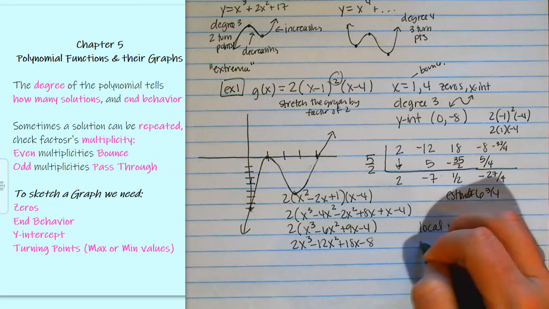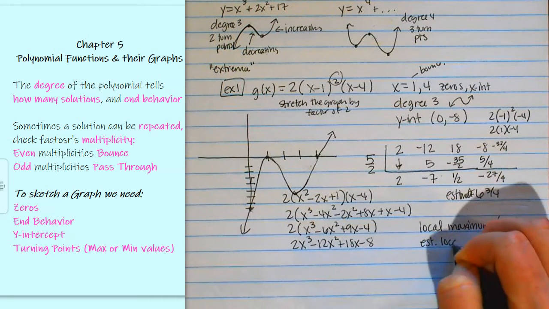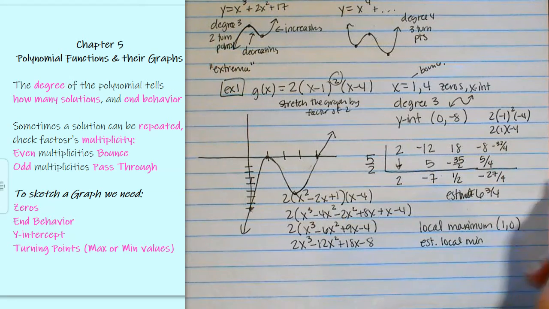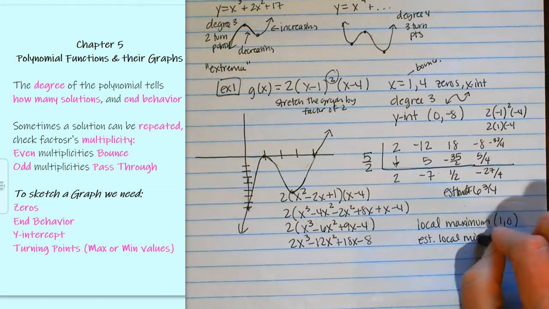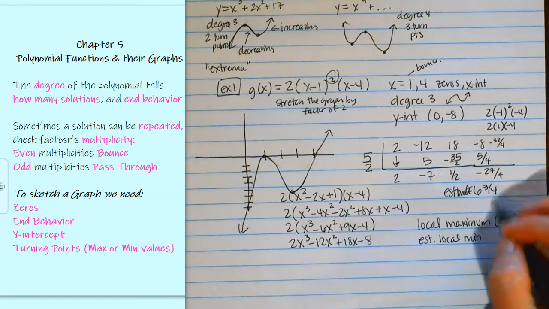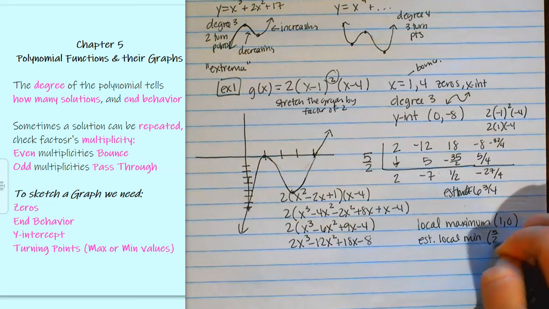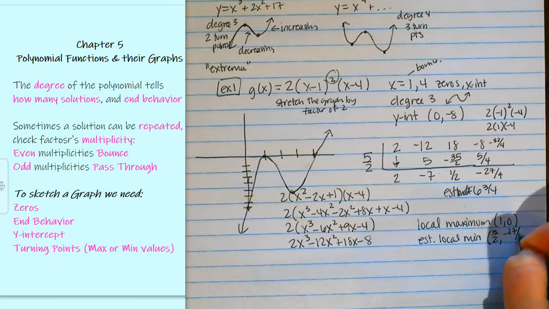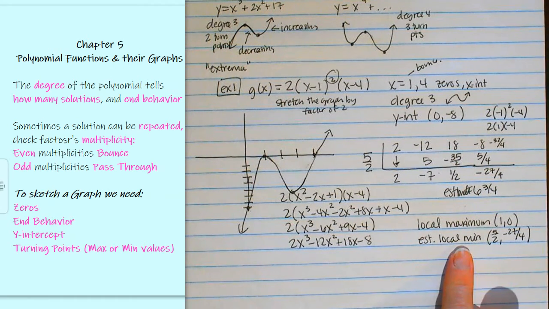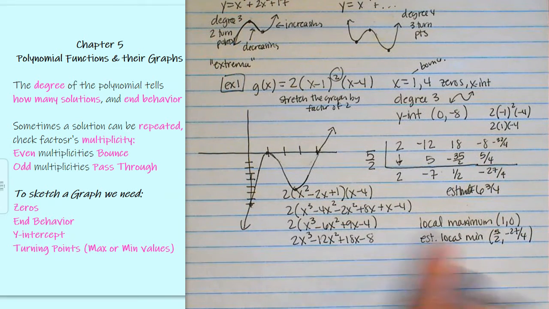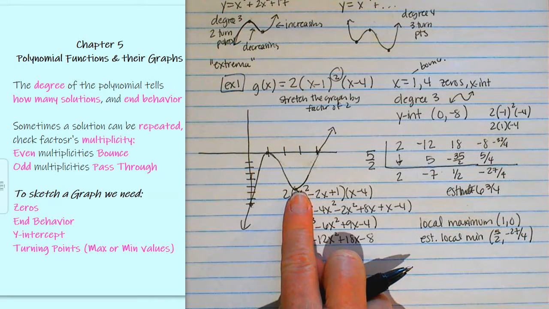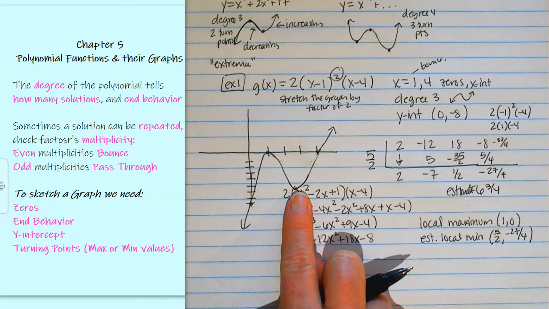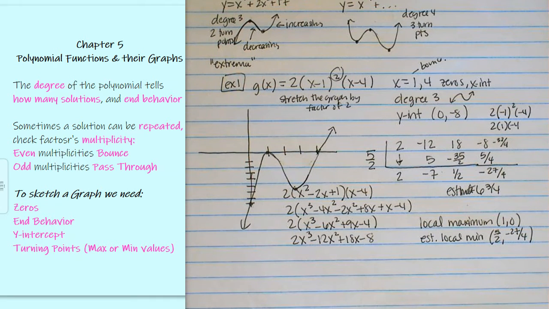And we're estimating our local minimum to be about 5/2, negative 27/4. Okay, so it's an estimate. And we've done that in class before. You would need to use this for your polynomial project, and that gives us a nicer, more to scale graph than I had without trying to figure that out.